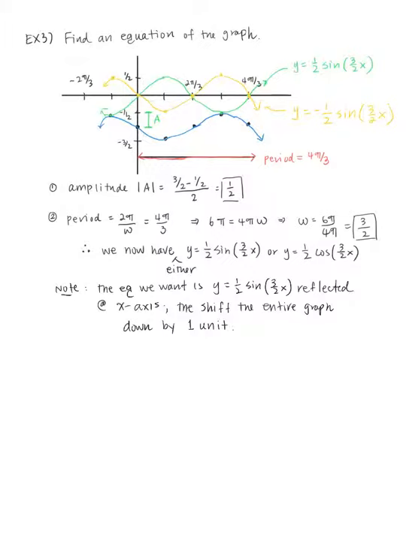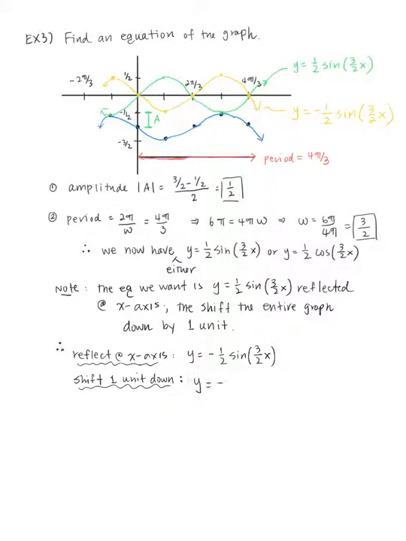So therefore, if I reflect about the x-axis, our graph now becomes y equals what? -1/2 sine of 3/2x. Okay, and then if I shift 1 unit down, that means what?